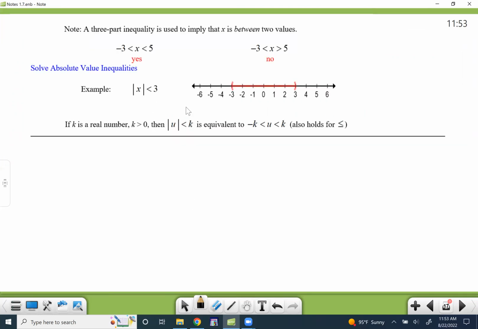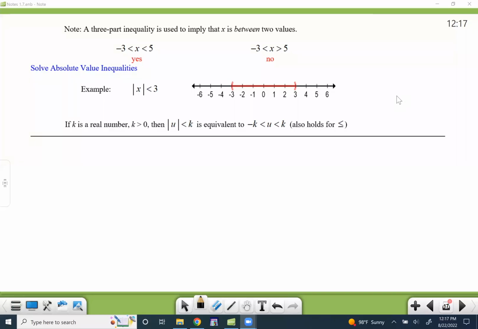Okay, so we're going to talk about absolute value inequalities now. All right, so with these, let's just kind of talk about absolute value inequalities, you guys. Why they are the way they are, why the setups are the way they are.